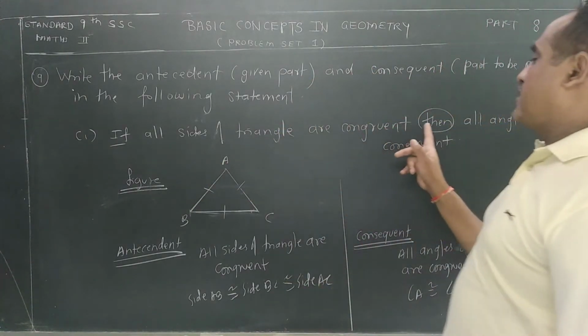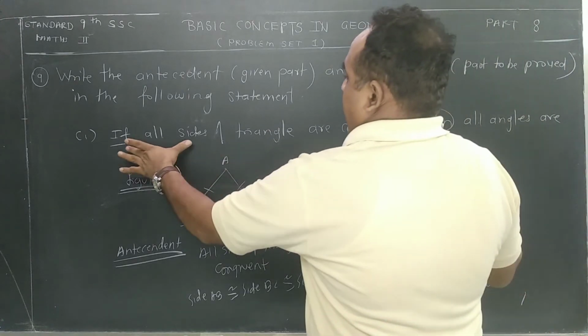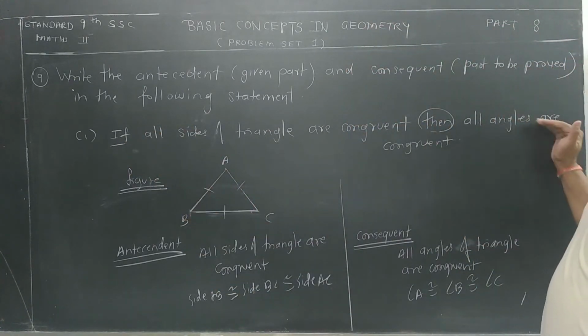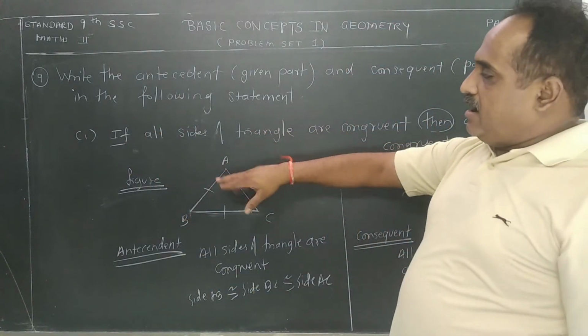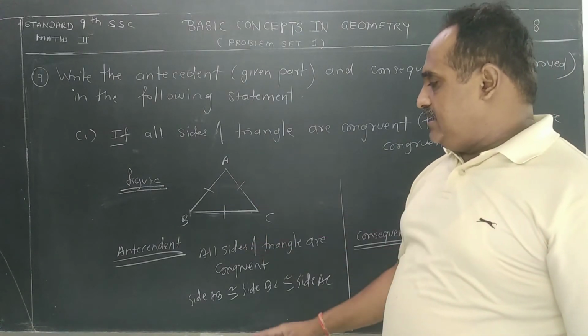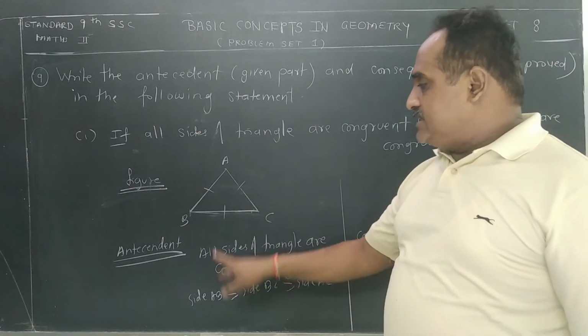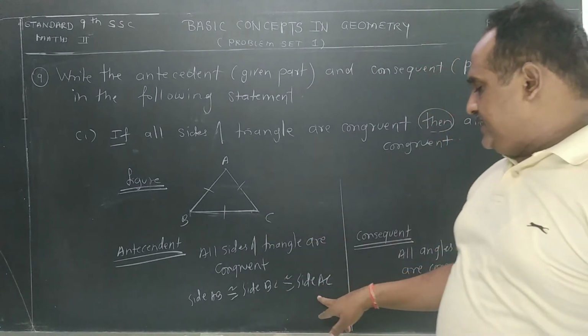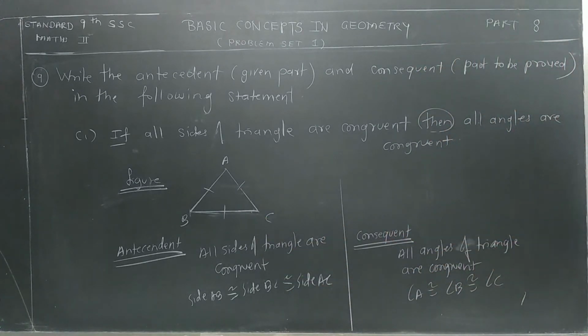All sides of a triangle are congruent is the antecedent. I have drawn the figure, and all sides are congruent for this triangle, meaning AB is congruent to BC is congruent to AC. And the consequent: all angles are congruent, meaning angle A is congruent to angle B is congruent to angle C.